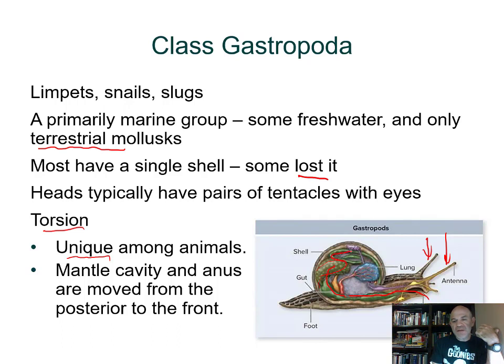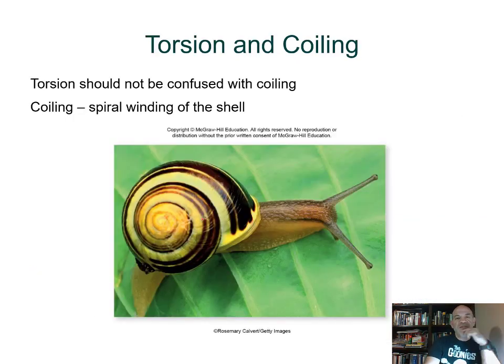But then your digestive system is now moving towards the front, and then there's the anus out there towards the front. Now this one has a lung, so this one is probably a terrestrial snail. So that's torsion: the internal mass has been flipped. What normally is toward the back is towards the front. That's different from coiling, so you don't want to confuse them.